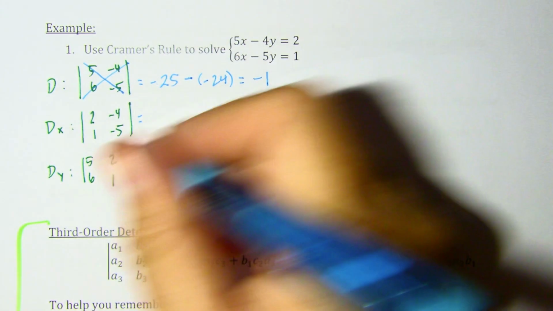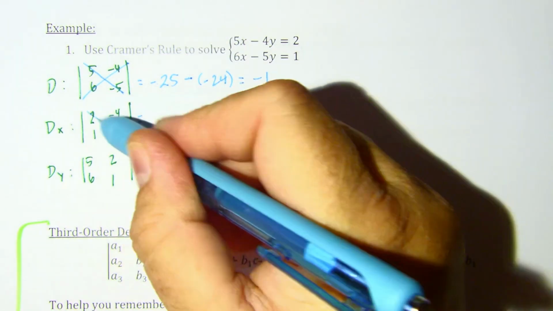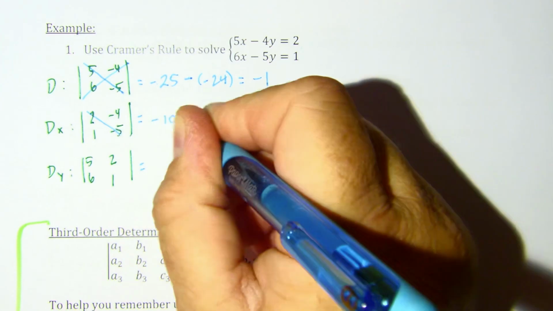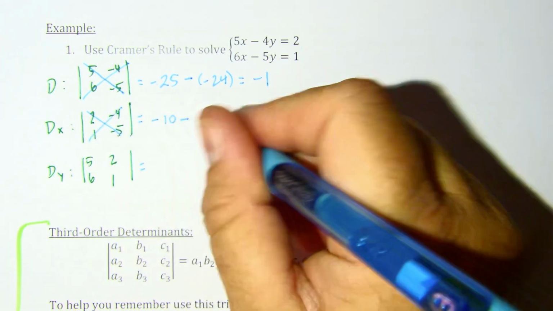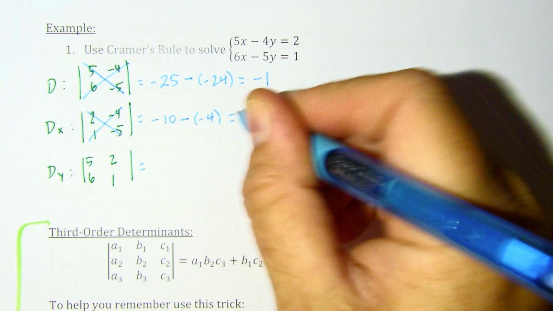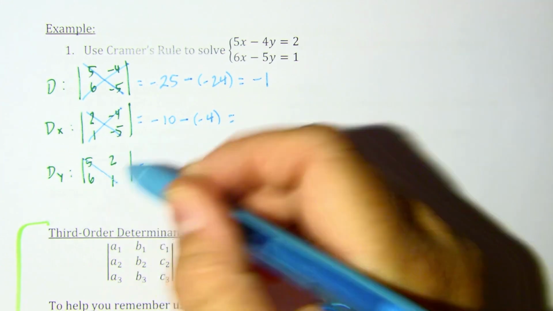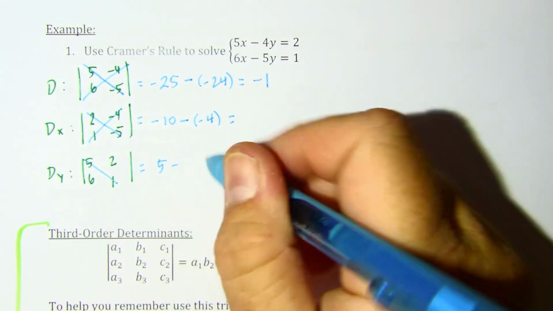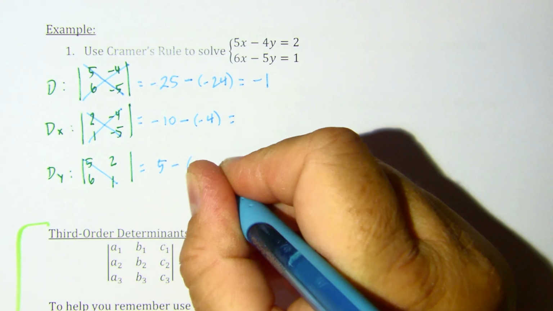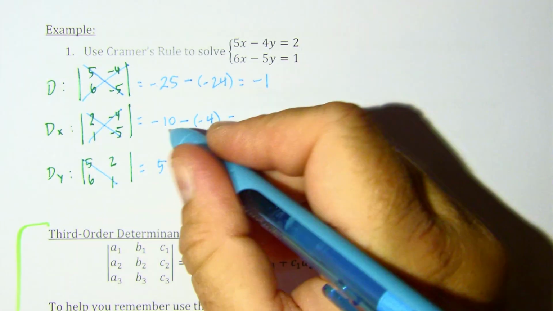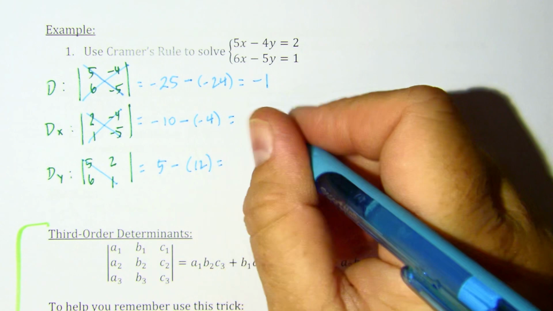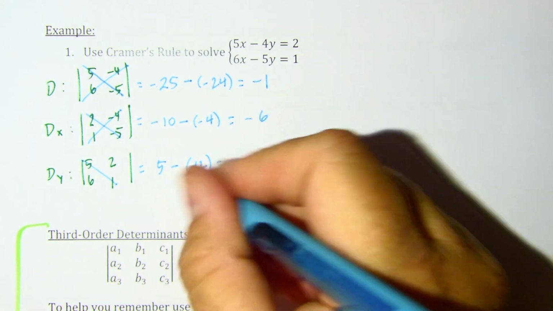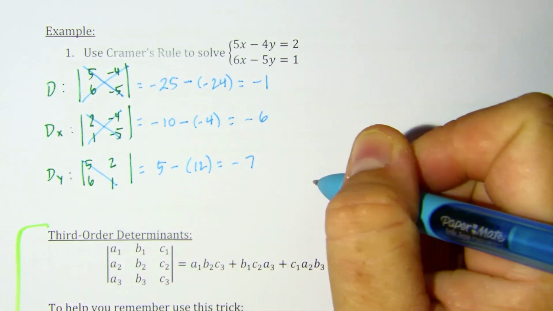We're going to do the same thing for each of these determinants. 2 times negative 5 is negative 10, minus 1 times negative 4. And then 5 times 1 is 5, minus 2 times 6 is 12. So negative 10 plus 4 is negative 6, and 5 minus 12 is negative 7.